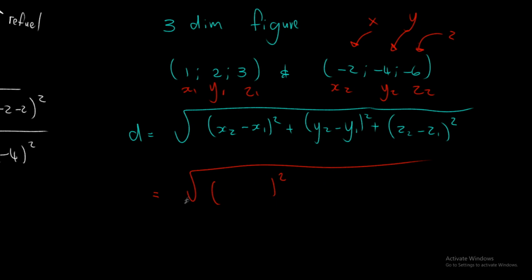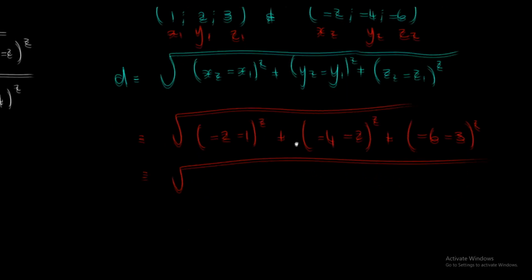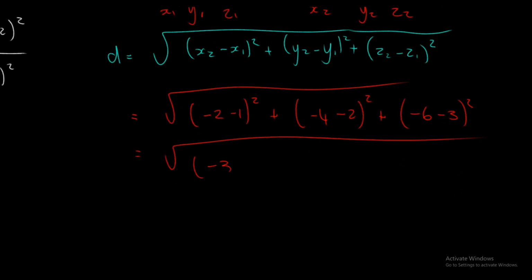Actually, no, let me not skip time. You can spare a few minutes. y2 is -4 minus 2 squared plus -6 minus 3 squared. So we can now say, well, this gives me -3 squared plus -6 squared plus -9 squared.